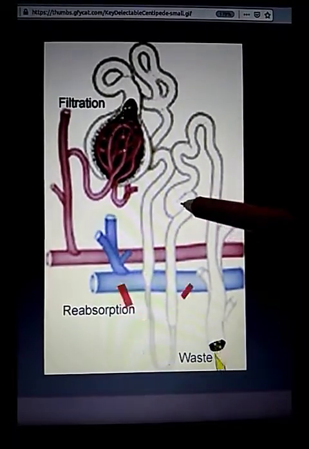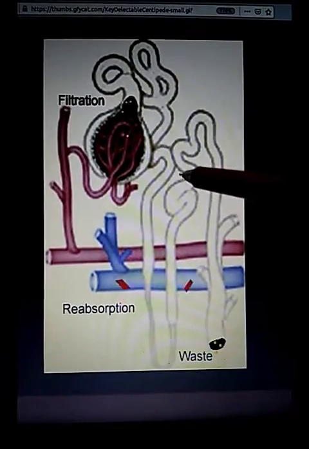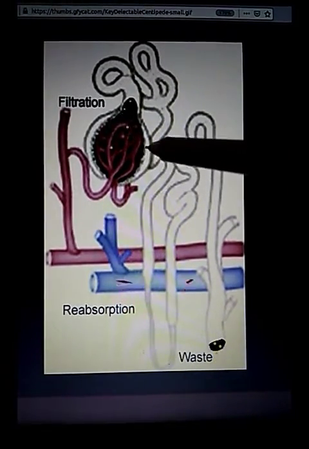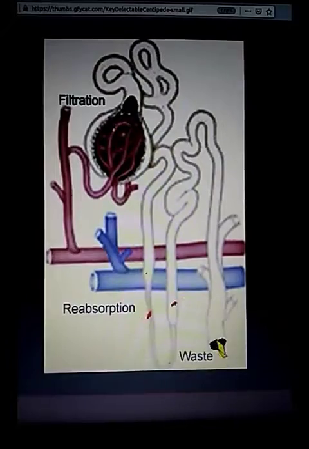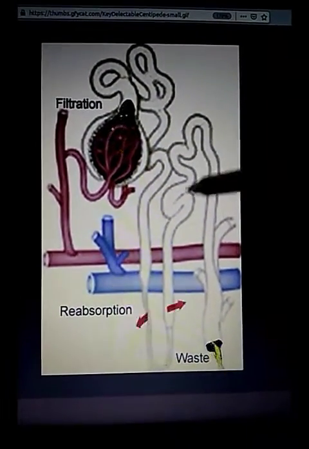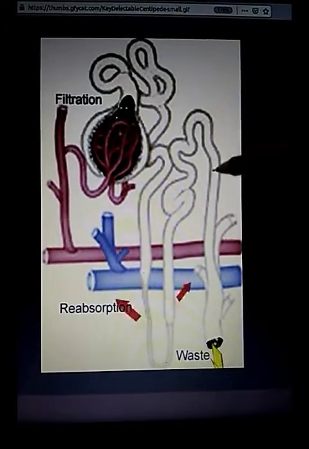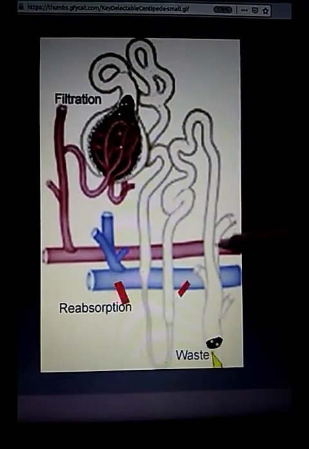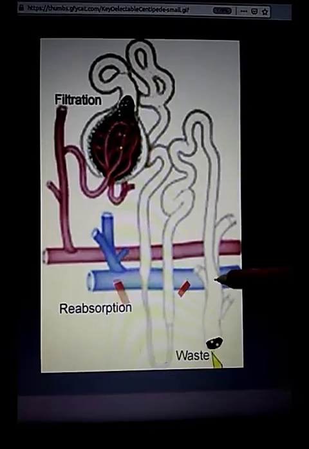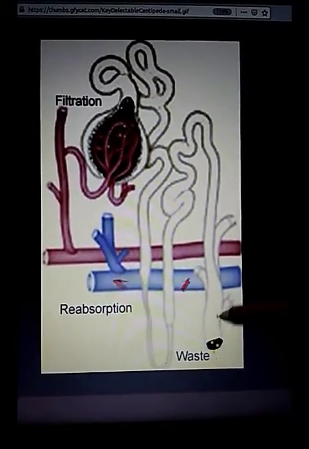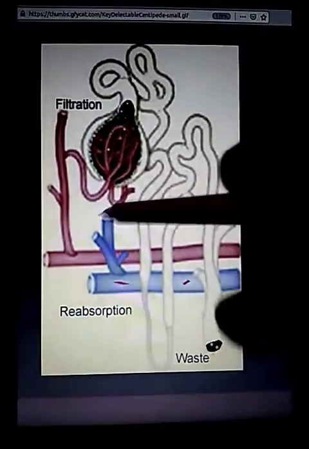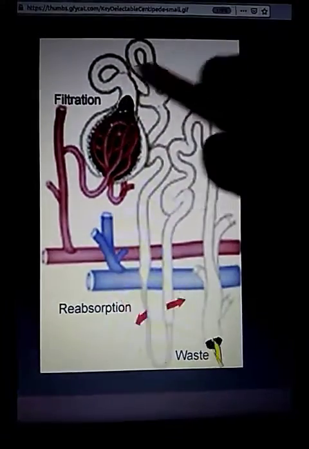And again it ascends, but the ascending portion is much farther than the Bowman's capsule. This portion is known as the distal convoluted tubule, or DCT, which ultimately joins the connecting duct or collecting duct. Okay, now see what happens.